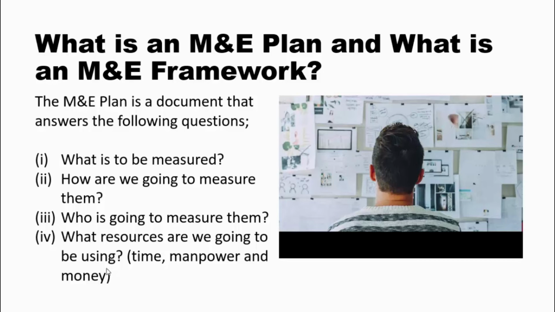So this can bring a bit of confusion in implementation, because you discover that the people that are supposed to be doing M&E activities should be M&E personnel. But because the budget is not clear on those things, the other project staff will think that it is something they need to be doing. And that can create a bit of confusion. But that is just one of the reasons. There are many other reasons why you need to separate the two.